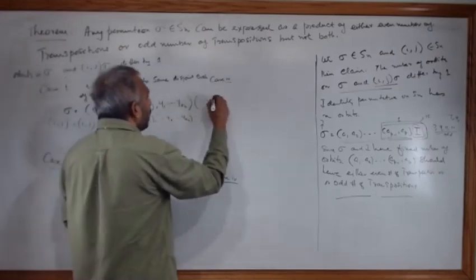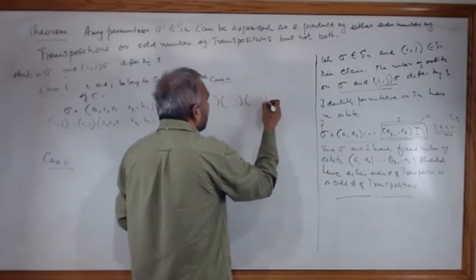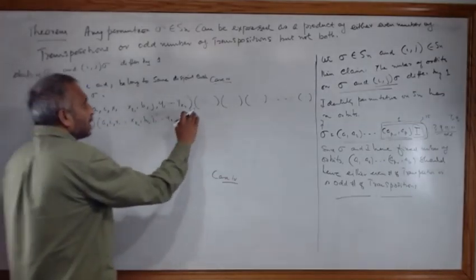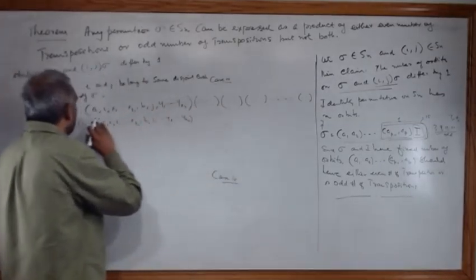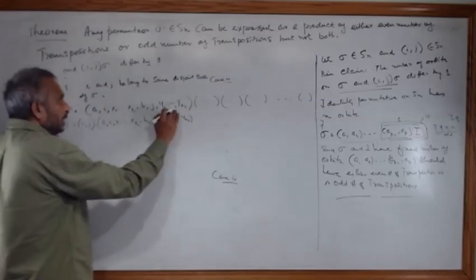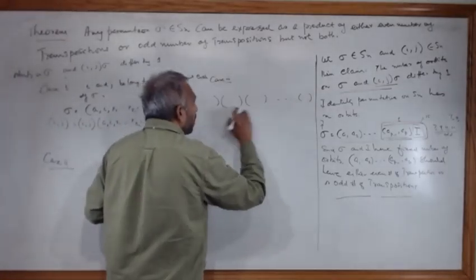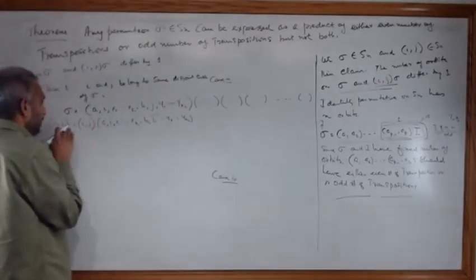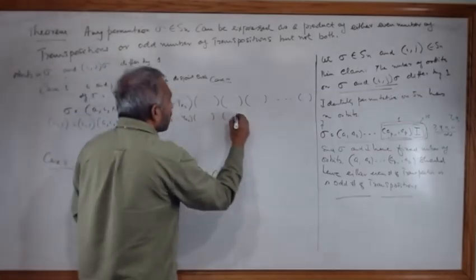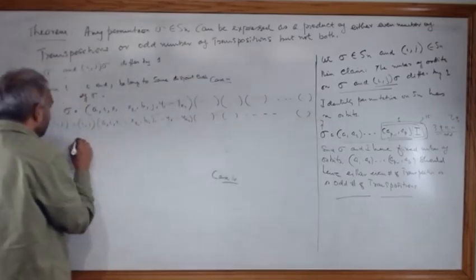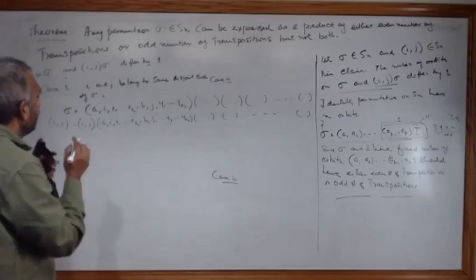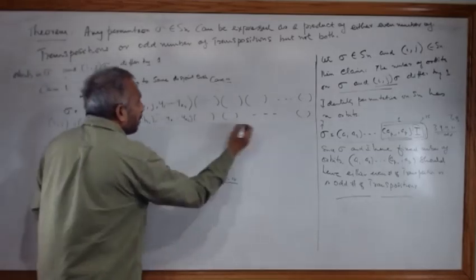Besides this, there are a lot of other disjoint cycles here, but because they are disjoint, while composing with (i, j), the product is not going to be affected. So from here onwards you don't need to worry about it.